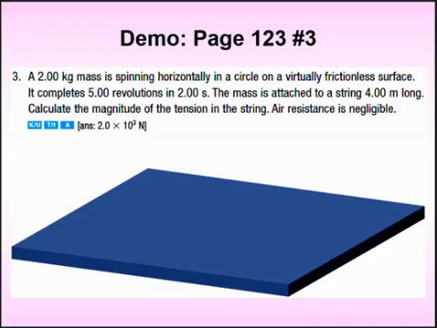It completes 5 revolutions, or 5 full spins, in as much time as 2 seconds. The length of the string is 4 meters long. What's the magnitude of the tension that's capable of keeping the situation?